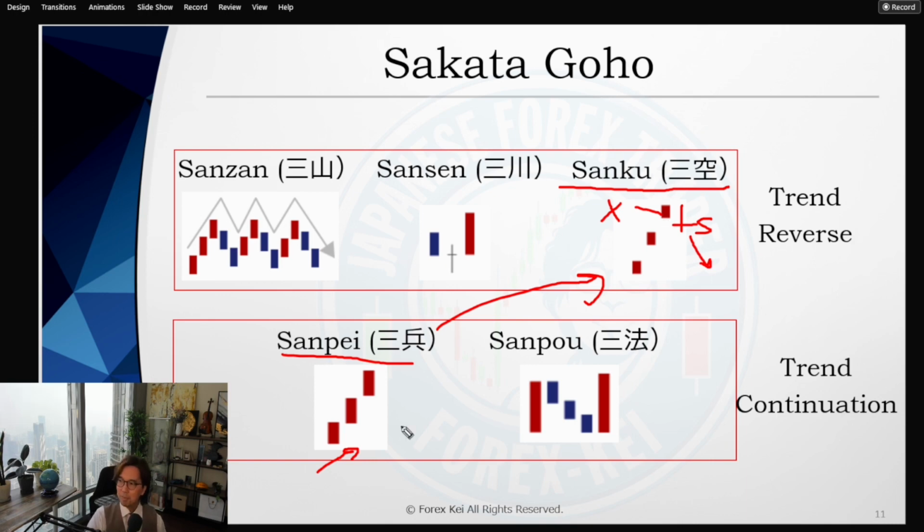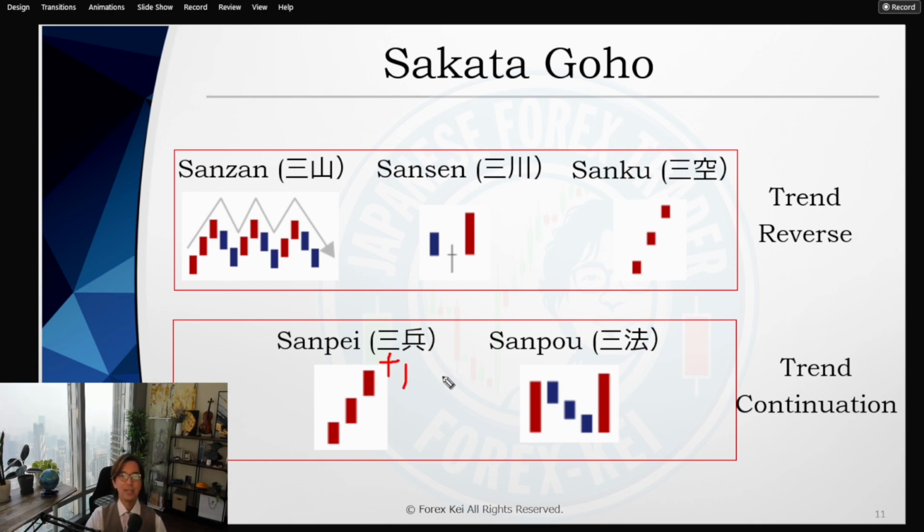Then you expect the market goes bearish after Sanku. So again, when it's Sanpei, no doubt you can keep holding the buy, but when you start to see some reverse patterns, Sanpei becomes Sansen also. When there is doji here on the top, then if next candlestick becomes bearish, then that becomes Sanpei to Sansen, and then the market may start to reverse.